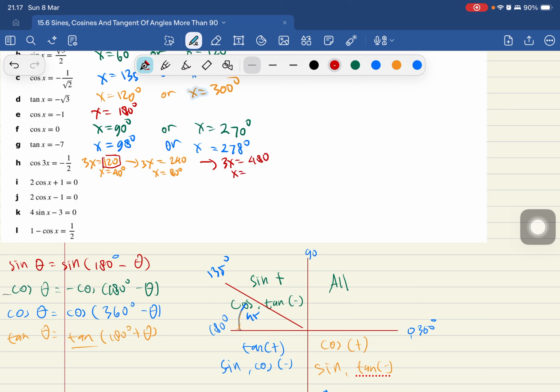We divide both sides by 3, so the second x is going to be 160 degree. Next, still less than 360. For 240, we can add 360, which gives 3x equal to 600, so x is going to be 200. This is still less than 360, so we can find another 3x.